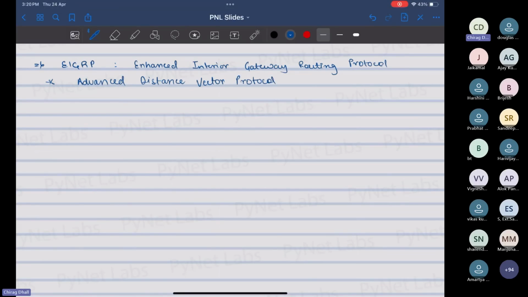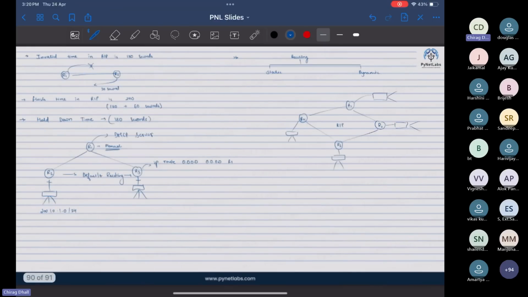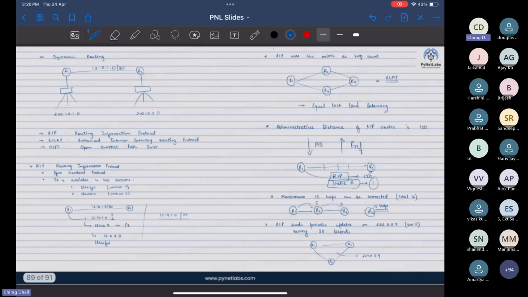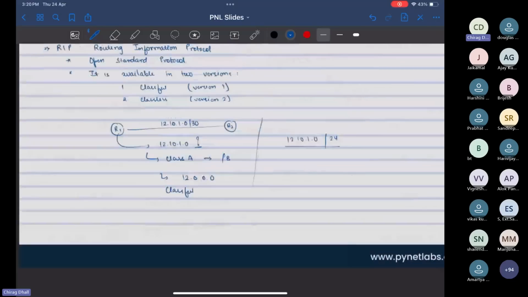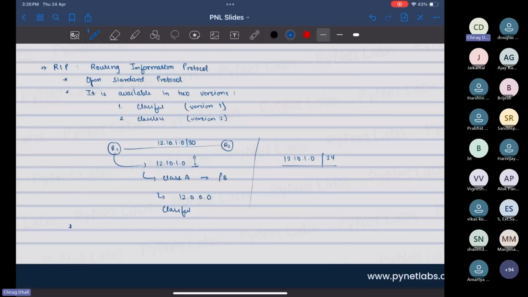When we talk about RIP, it is called a distance vector protocol. I missed mentioning it yesterday in the notes. I'll put it now. It is called distance vector protocol. That means it is a protocol that considers distance for finding the best path.